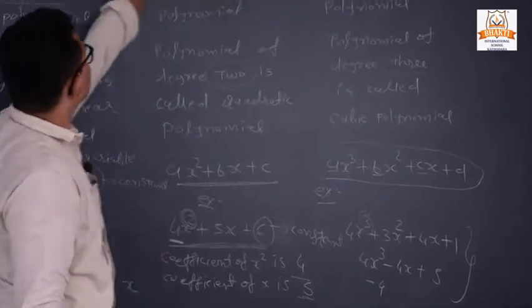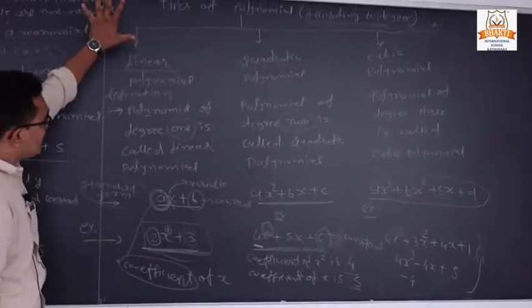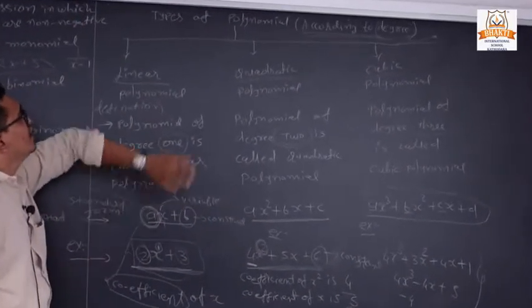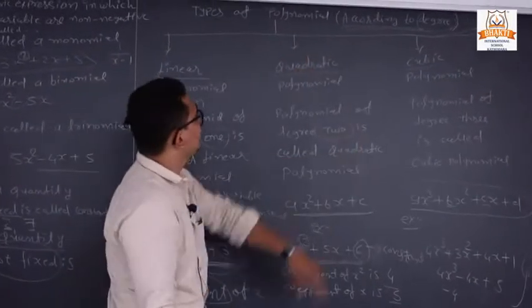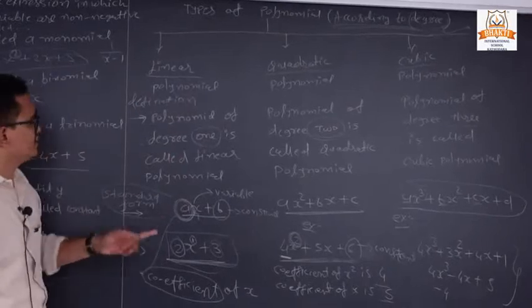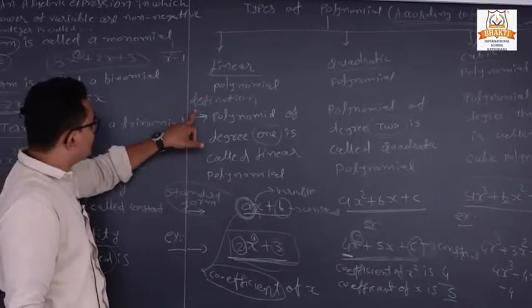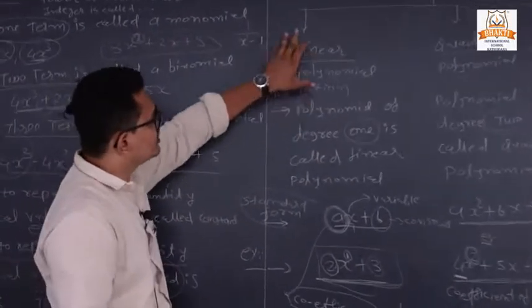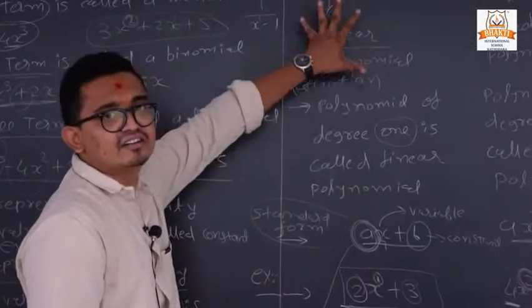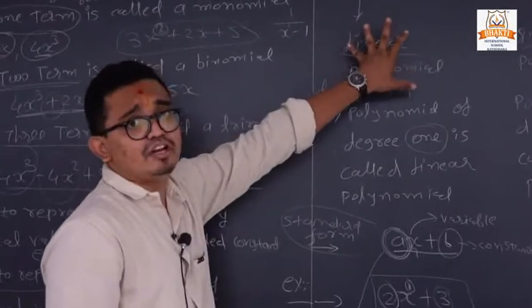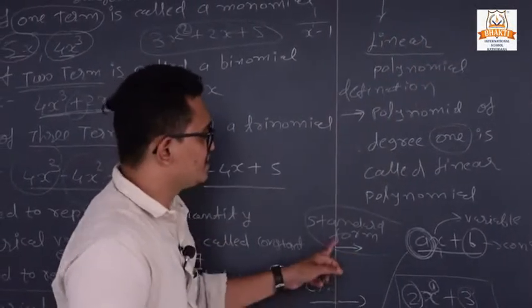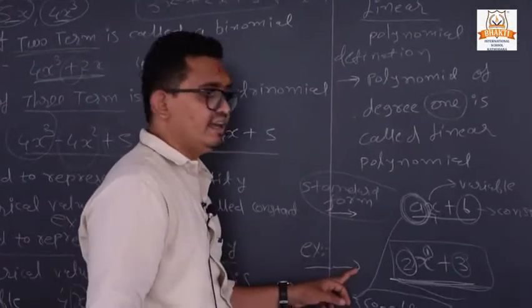So from this chart you can clearly get the idea about how many types of polynomial there are, and according to the degree we have 3 types. First of all, you can write down in your notebook, you can make one chart like that, so you can easily get the idea about how many types of polynomial there are, what is the standard form, and then the example.